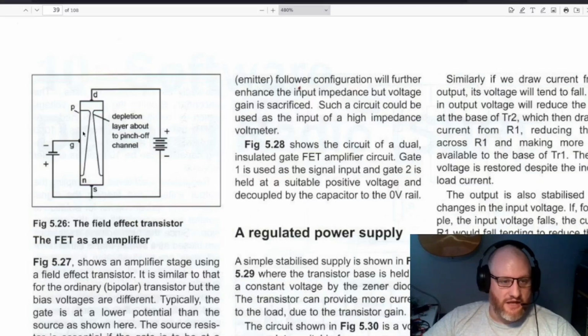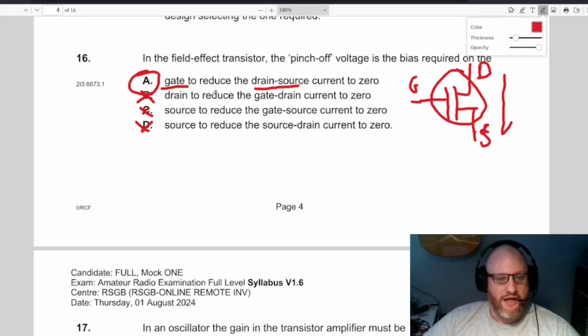With a large enough negative voltage, it will get large enough to pinch off this channel and prevent current from flowing here. So this will grow, and that will stop current from flowing through here. And so that's what the pinch-off voltage is. It's going to pinch off this channel for electrons to flow. And so that matches up with what we're seeing with answer A.